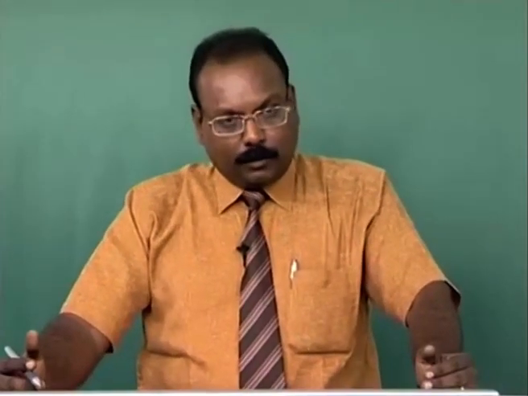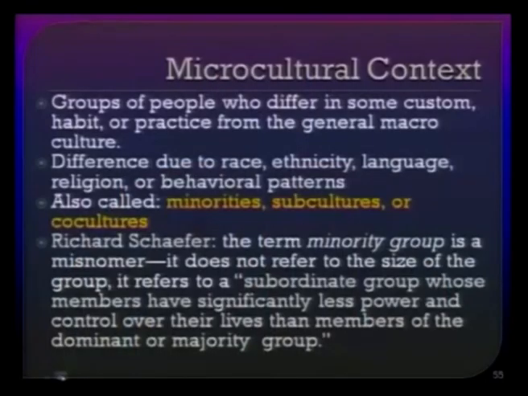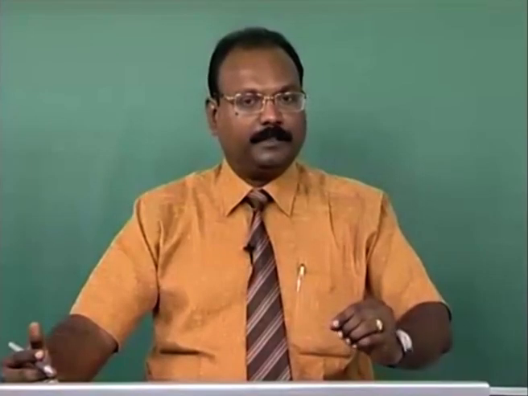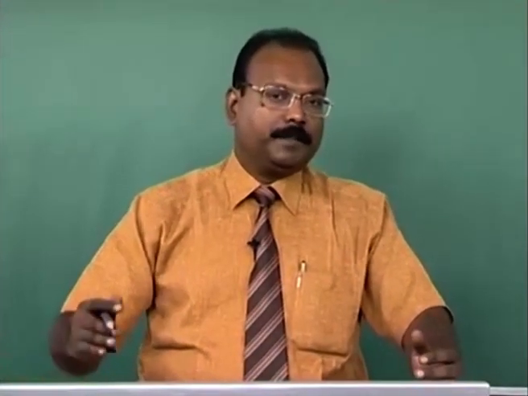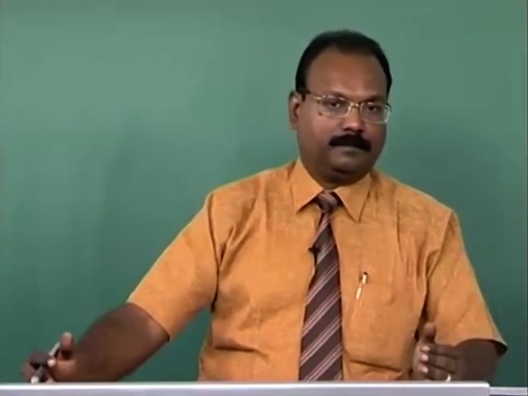Now, they are also called minorities, subcultures or co-cultures. Minorities in terms of religion, for instance: if it is a small religious group, they tend to become minorities. Sometimes subcultures form because "sub" has the meaning of inferior, lower, even if they belong to the same race as the majority of the citizens of the culture.